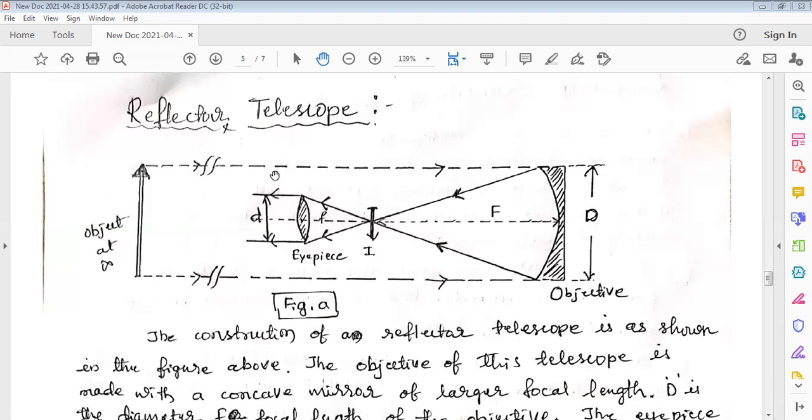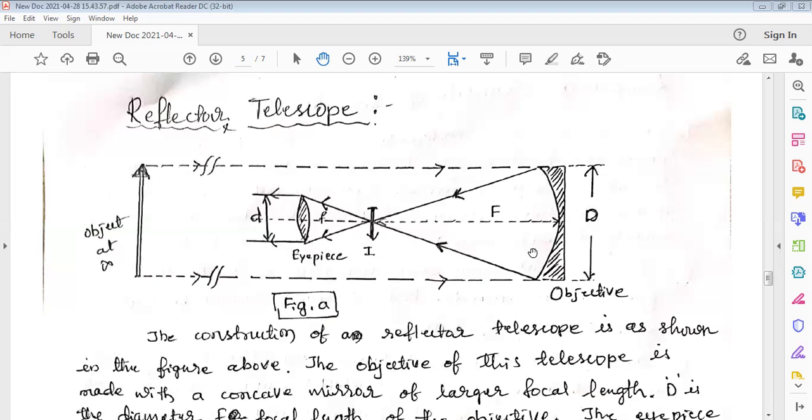The light rays come from a distant object, let us say at infinite distance, and these parallel rays go straight and fall on this concave mirror.